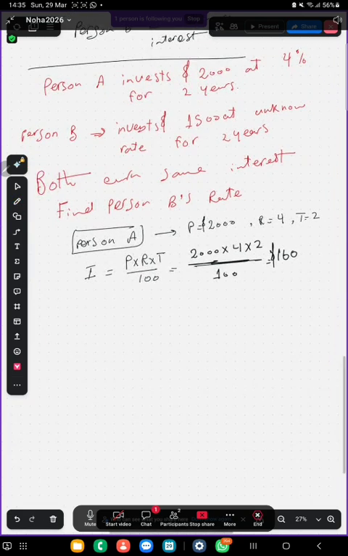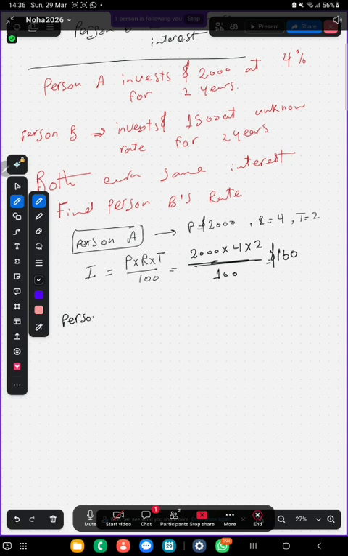This is step 1. What's step 2? Now we find person B's interest. There is no need to get the interest for person B, because he said both earn the same interest. Look at this word.